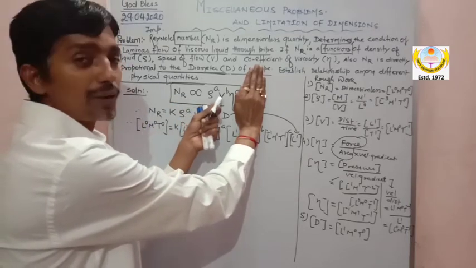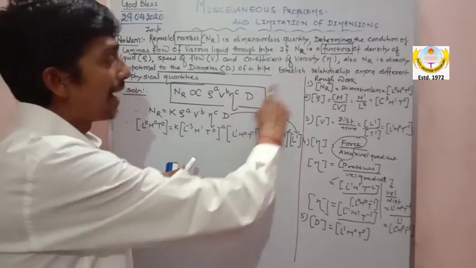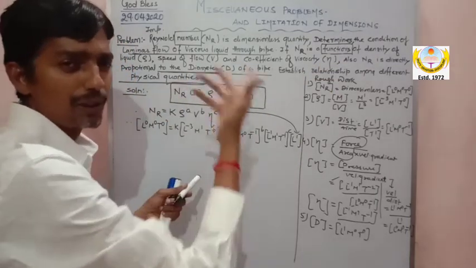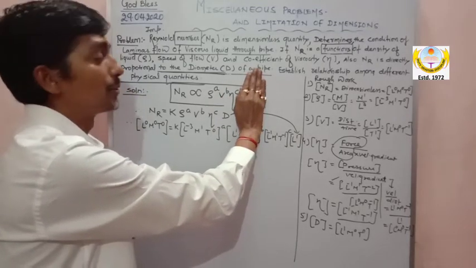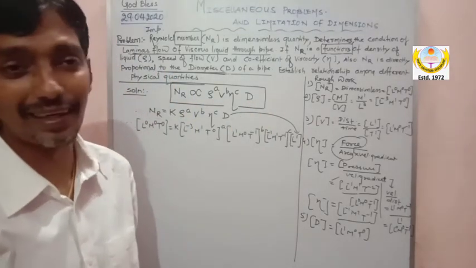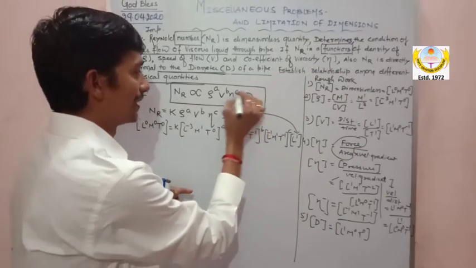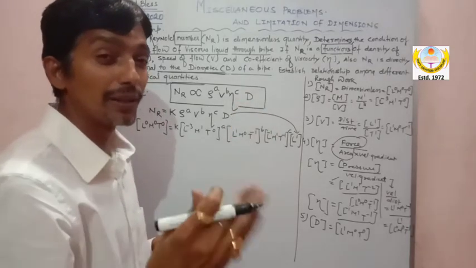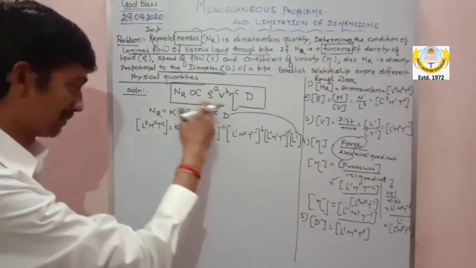If there is a 4th quantity, either they will directly give in their answer that they are directly proportional or inversely proportional, or there is no provision in dimension to calculate the relation of the 4th quantity with the given quantities. If this were not given, I would not have put D here as another unknown. We cannot calculate for more than 3 physical quantities unless the relation is given. Please make a note of this.